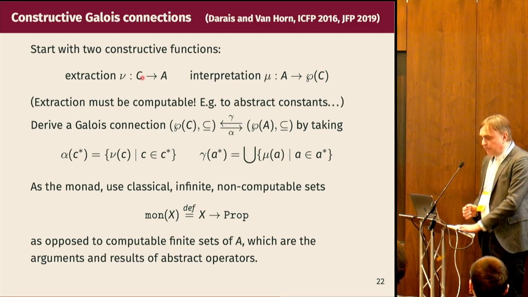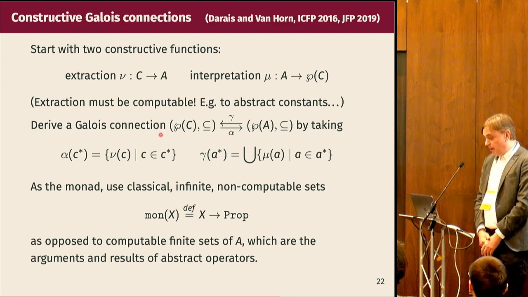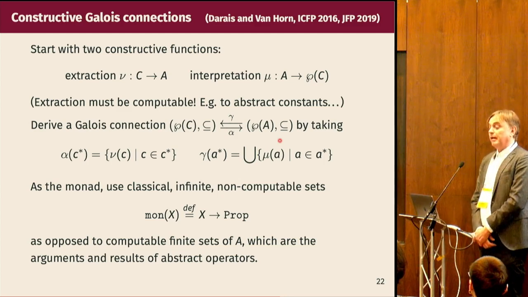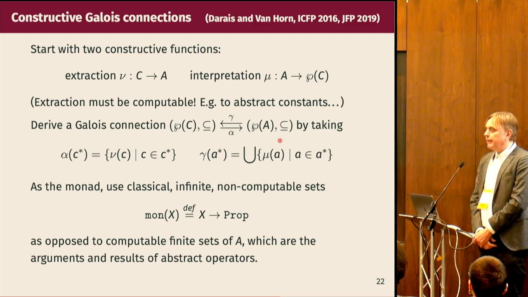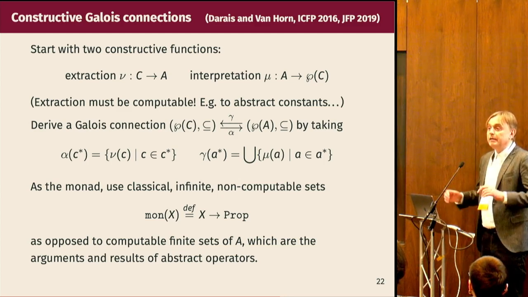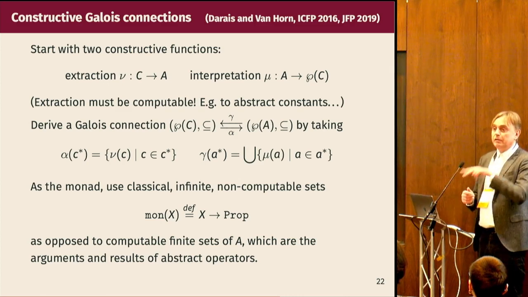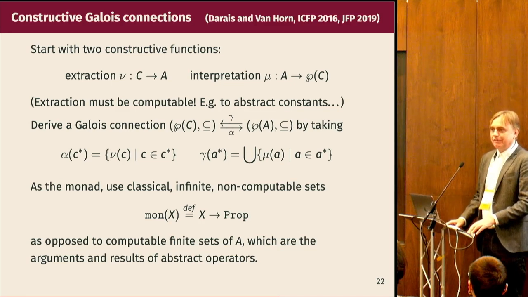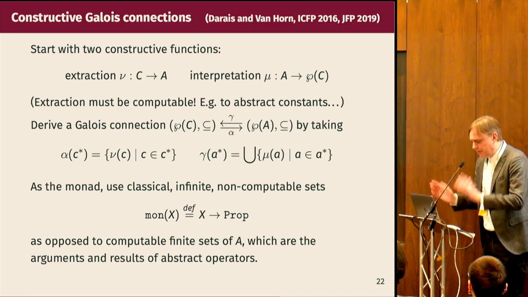Okay, and so from there they derive a Galois connection of a particular shape that I didn't know. So it's between sets of concrete things and sets of abstract things. So for instance, for the even odd parity domain, that would be subsets of even and odd. Okay, why not? But I don't see how intervals fit in that, so I'm a little bit uneasy, but never mind.